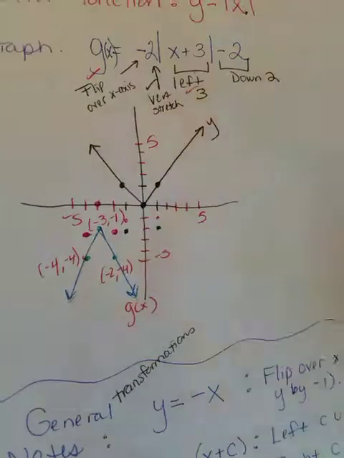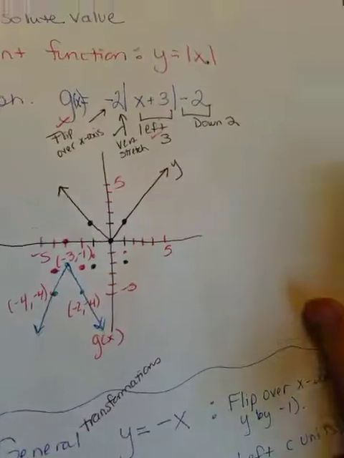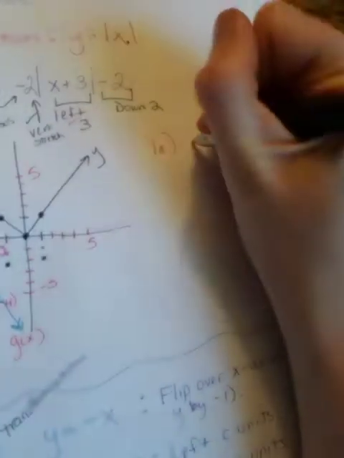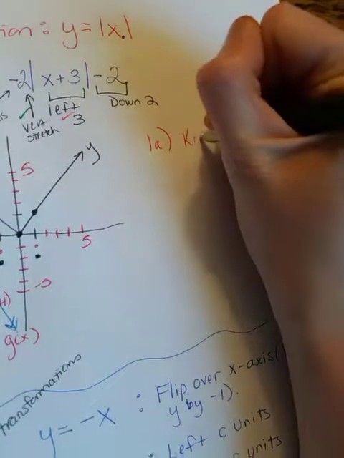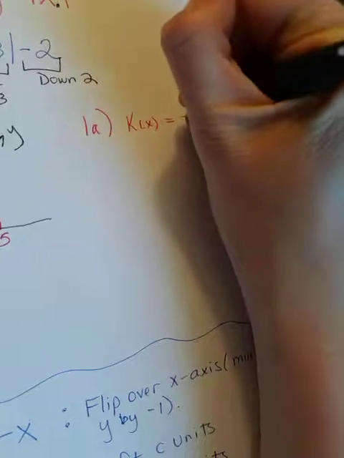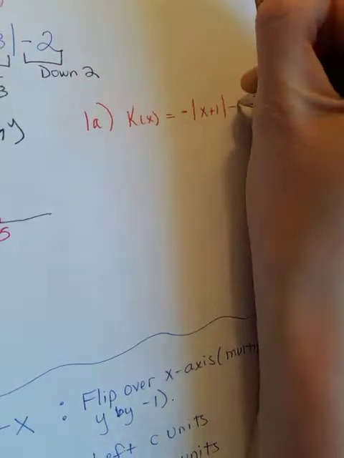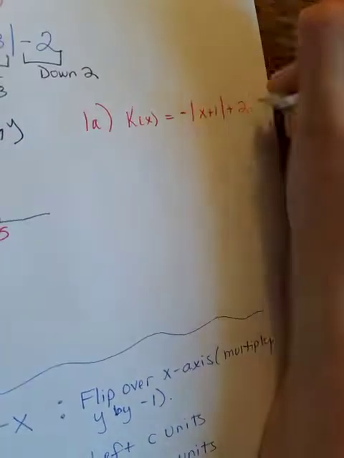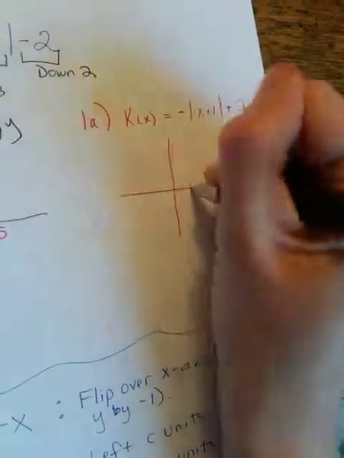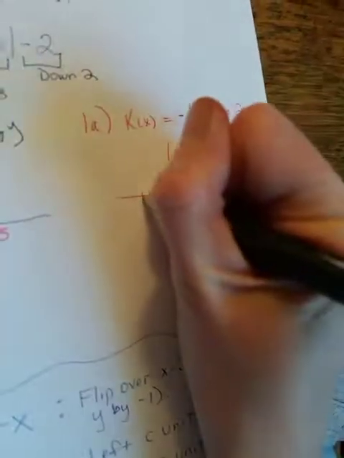I will do one that's maybe less involved for a second. I'll call it 1A. If I asked you to graph k of x equals the negative absolute value of x plus 1, plus 2. Here are quick movements.